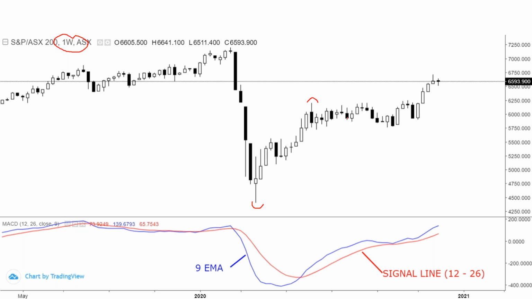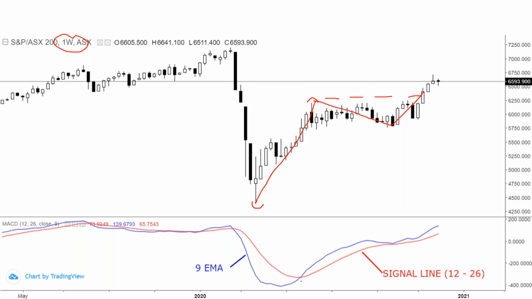We have a high in here. We had a pullback into here. So our market now has entered into a primary uptrend. And we're getting a little bit of consolidation. So we had a secondary move through here in this pullback into the low. And since then, we have moved back into primary trend.